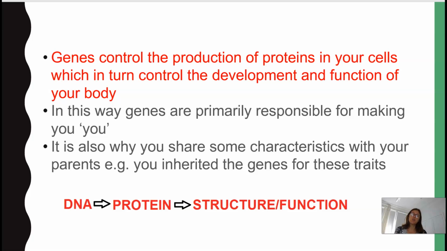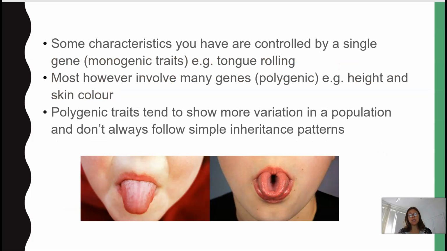So genes control the production of proteins in your cells, which control the development of your body. Your genes are responsible for making you. Your DNA contains the book of you. That's why sometimes you'll share some characteristics with your parents and maybe not as many with the other. I'm going to get you to do a survey of inheritance of traits with your siblings and mum and dad.